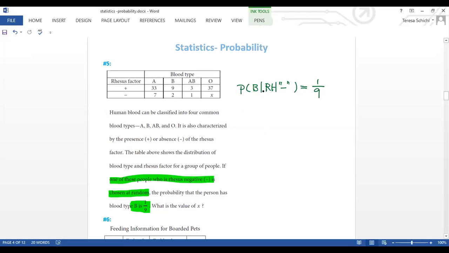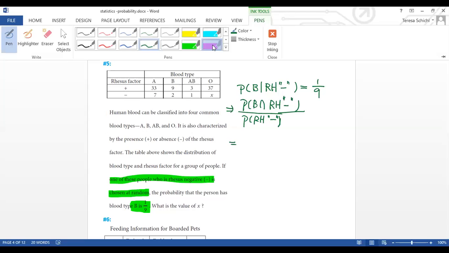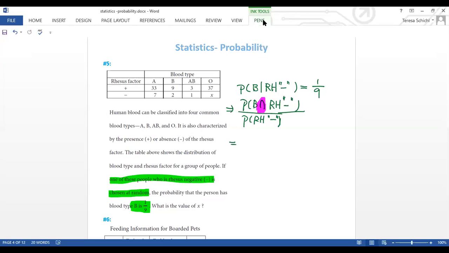So, okay, now this is a conditional probability. So I know this one here is the probability of RH negative. Okay, then here this is the probability of B and RH negative, correct? So remember, what does this intersection mean?